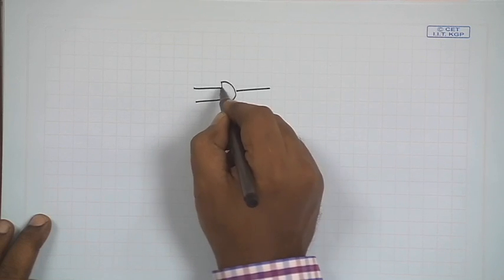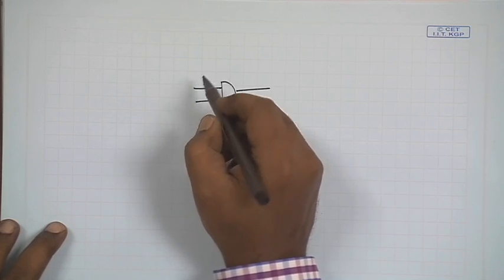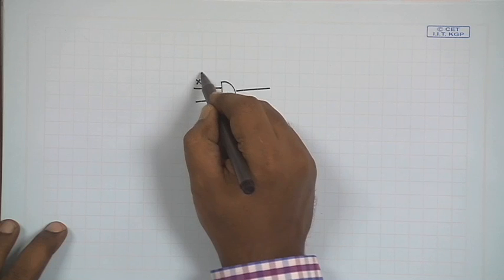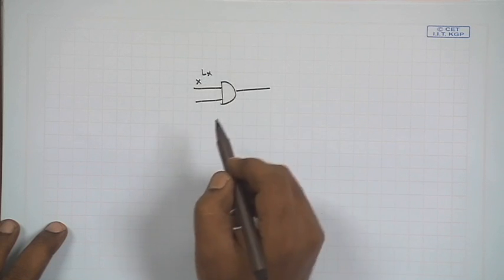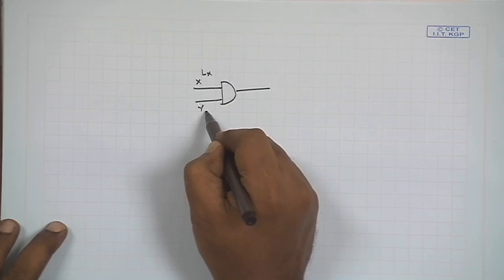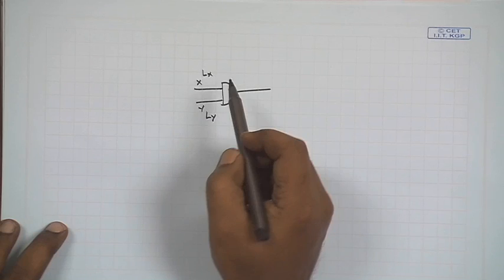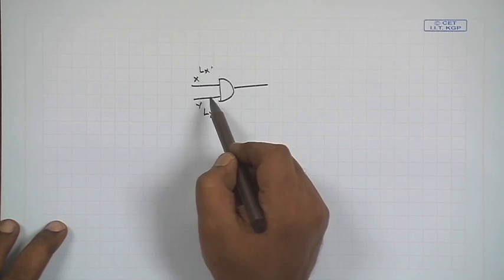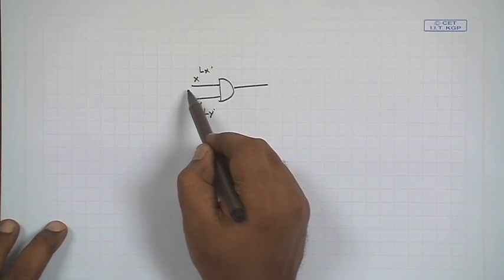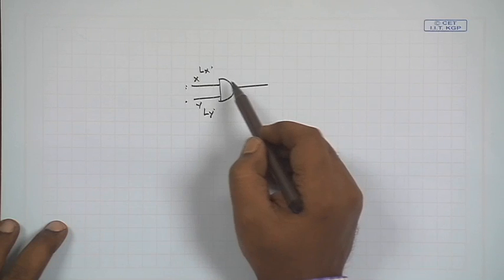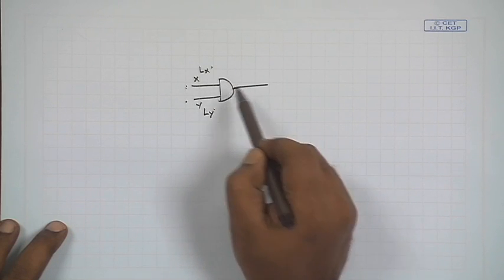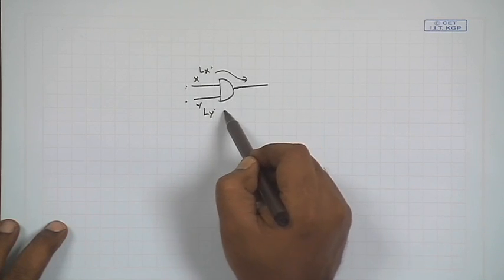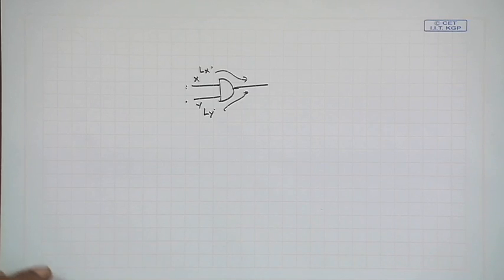Now, in this AND gate, certain faults could be detected at line x, so we have Lx associated with it, and we have y with Ly. Depending upon these lists Lx and Ly and the values that we have here, it may so happen that at the output some of these faults will propagate.